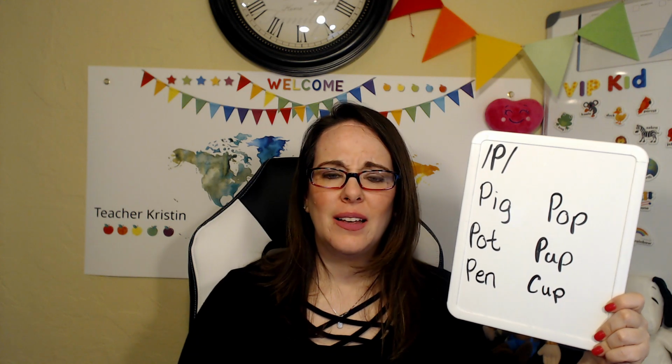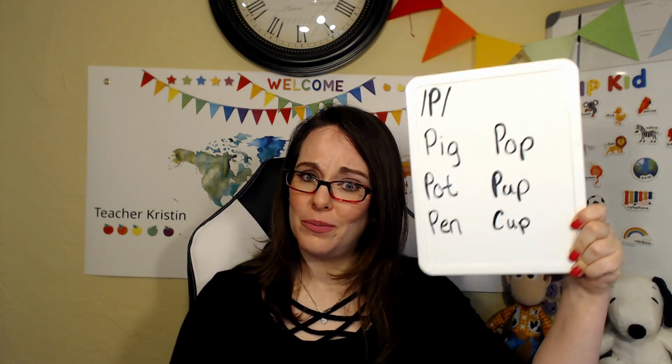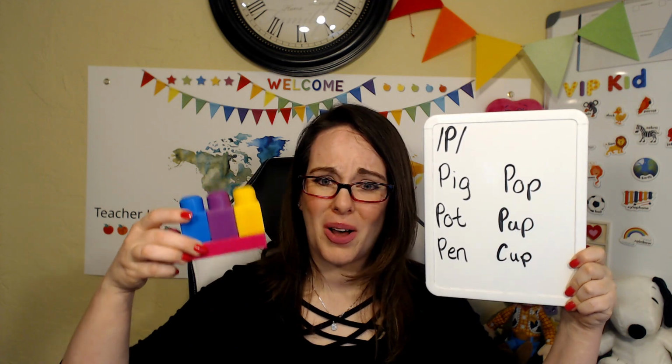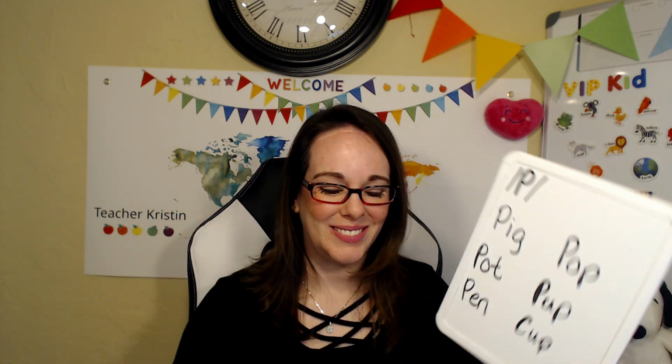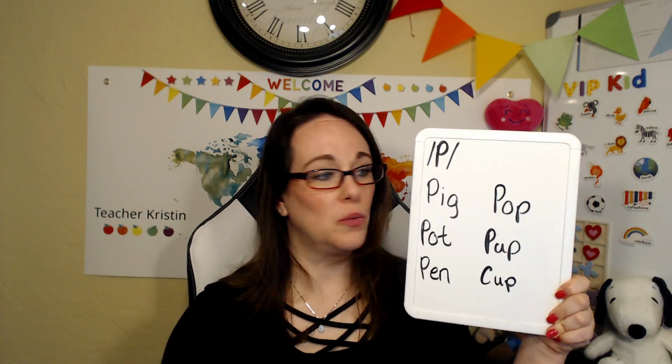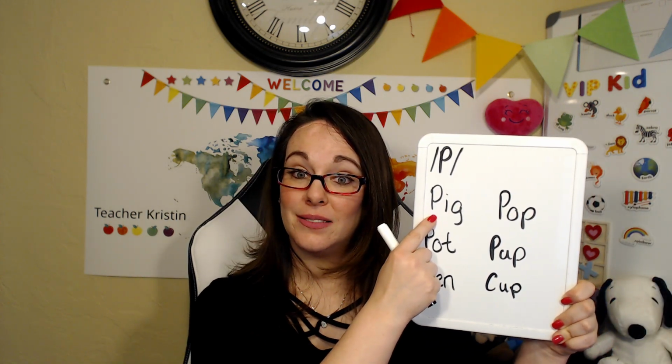So, how do we use our words with our blocks to help our children learn? Let me show you. Let's take this first word here, pig, and I'm going to show you an easy way to use your blocks and break down the word so that the child can hear each sound, see each sound, and then we will put them all together for them to pronounce all at once.